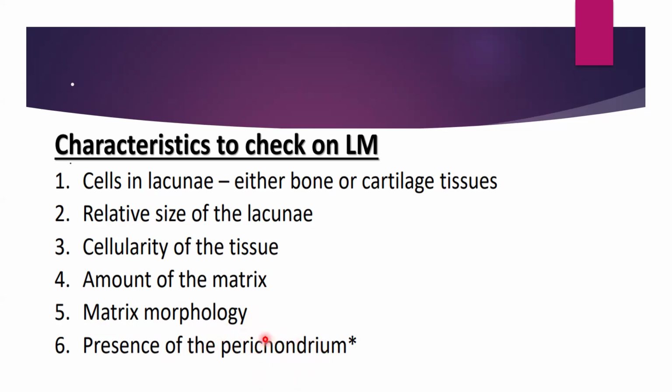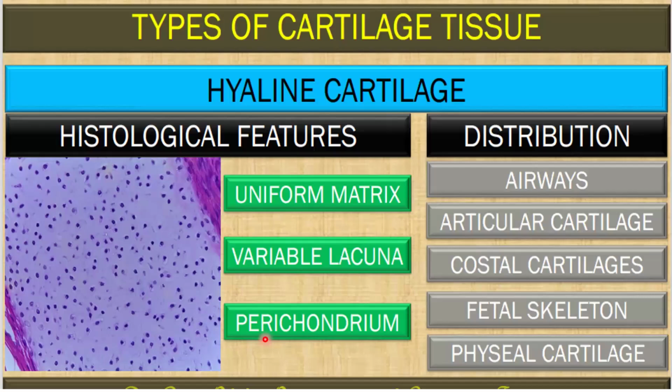But a point to appreciate is that hyaline cartilage will have perichondrium, and this perichondrium will be found in all types of hyaline cartilage, but not in articular cartilage. Remember, articular cartilage is an example of hyaline cartilage.